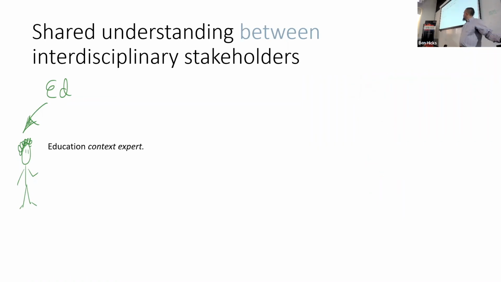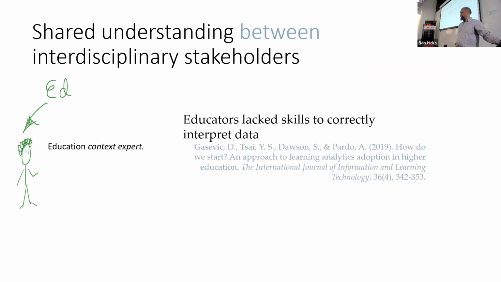So on the education side, one of the challenges for those on the ground understanding the educational context is they do not have the technical or statistical expertise to interpret the data. I mean, if they did, they may be doing it themselves. That's why we have to work together.